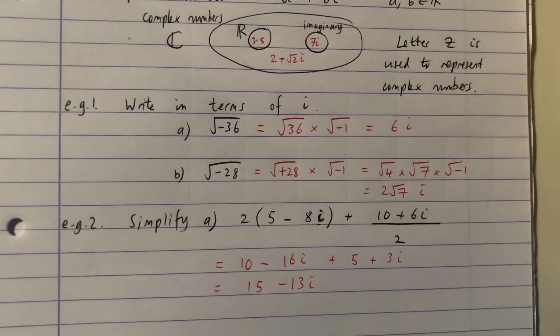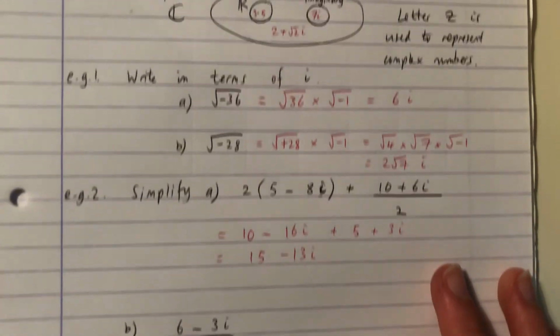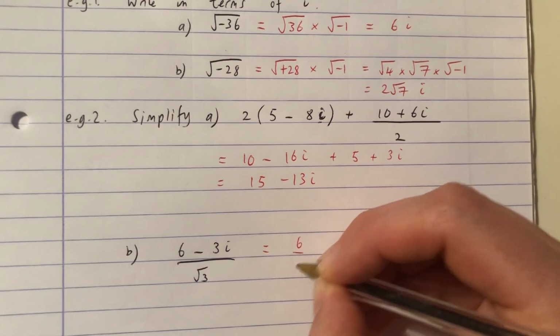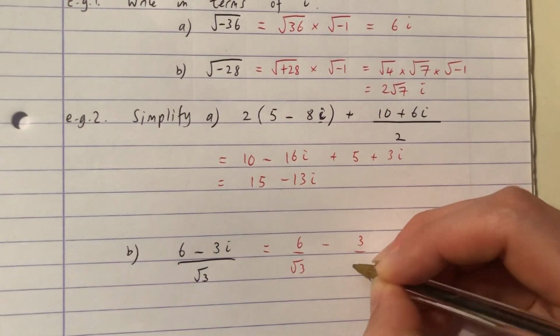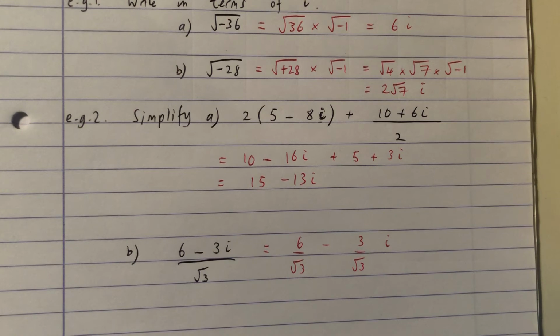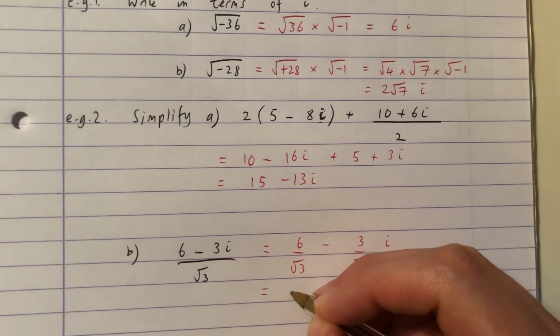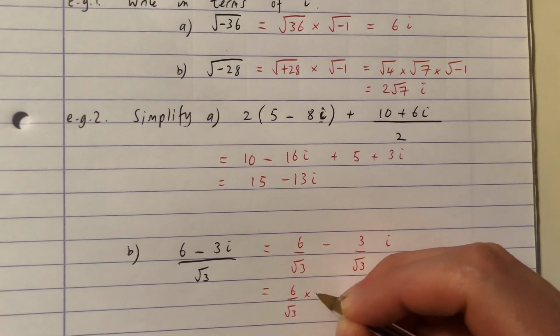Part B, I want to simplify a slightly more complicated looking version. 6 minus 3i over root 3. One way to do this is to write as two separate fractions. And even though that looks like a complex number, these coefficients, the real part and the imaginary part, are not simplified surds. So if I focus on just that part there, 6 over root 3, simplify that surd.